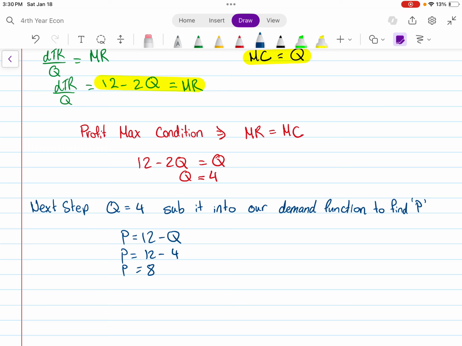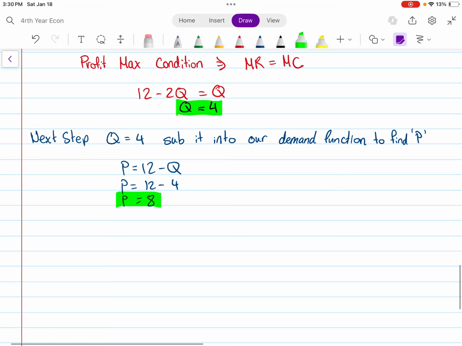So we have our profit maximizing quantity, Q is equal to 4, and profit maximizing price, which is 8.